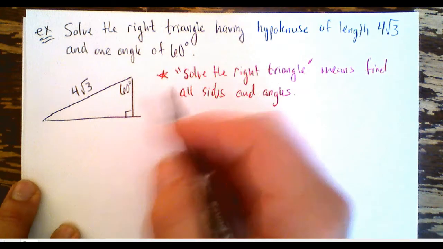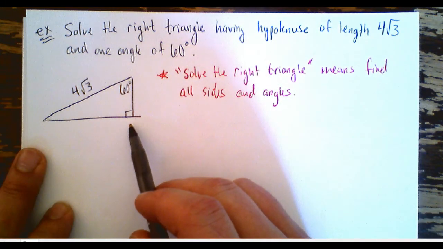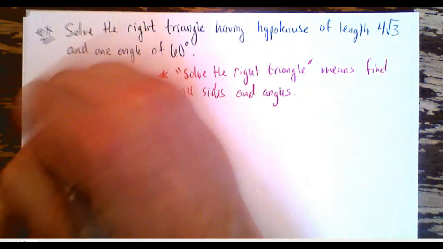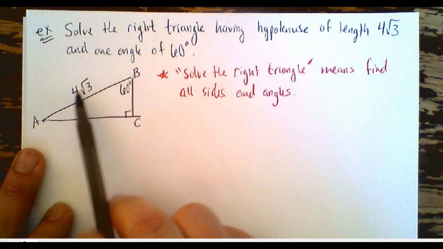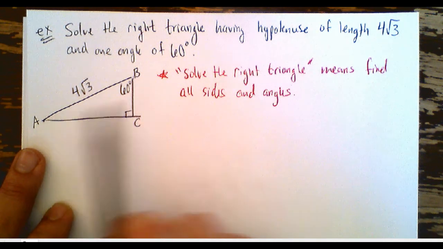So I'm going to go around and label the vertices of this triangle as A, B, C. I'm going to label all of the sides as lowercase letters corresponding to the opposite angle.